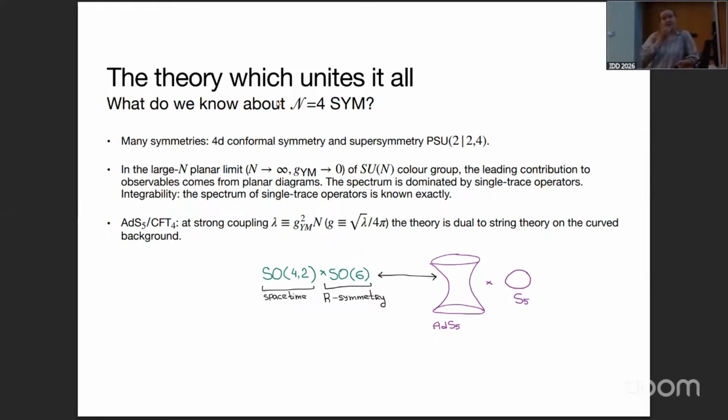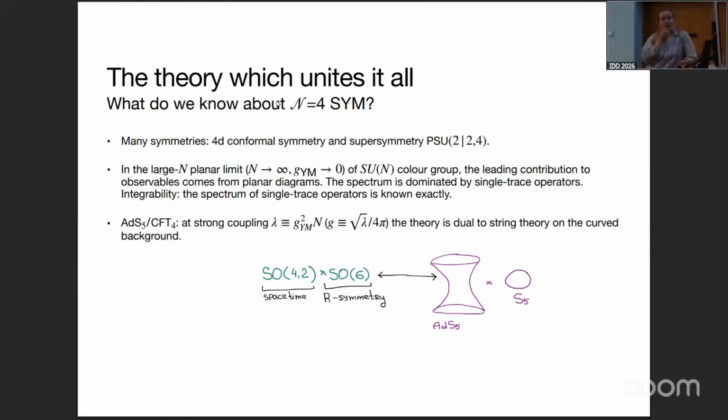First of all, in the large n planar limit, famously we have contribution only from the planar diagrams. And for the spectrum, it means that it is dominated by the single trace operators. And what integrability tells us is that the spectrum of single trace operators is known exactly for this model.